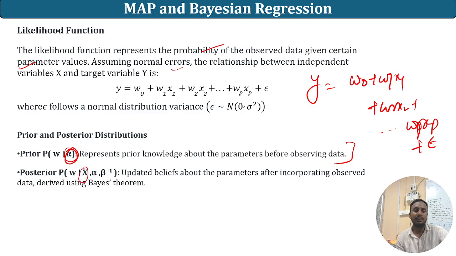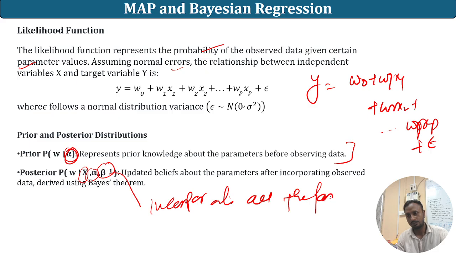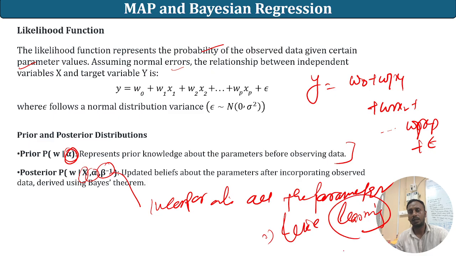The posterior will be given x, alpha, beta. We have to incorporate all the parameters, and we have to include the learning rate.